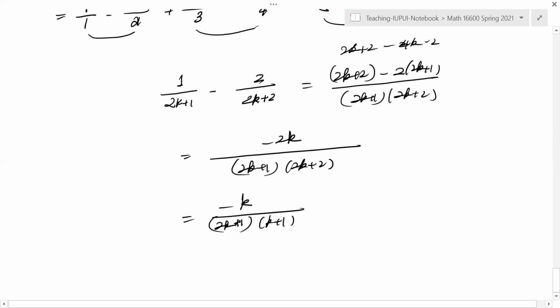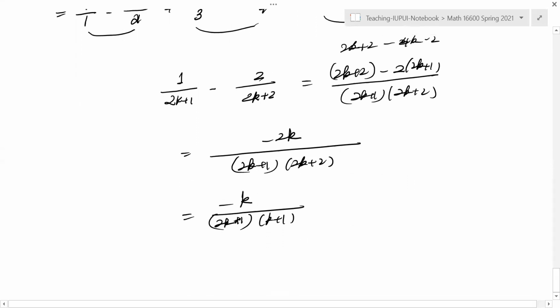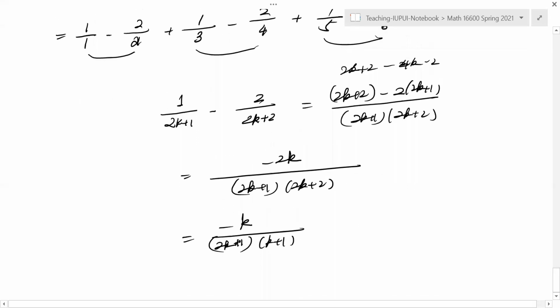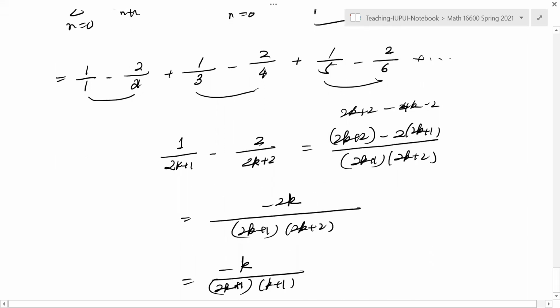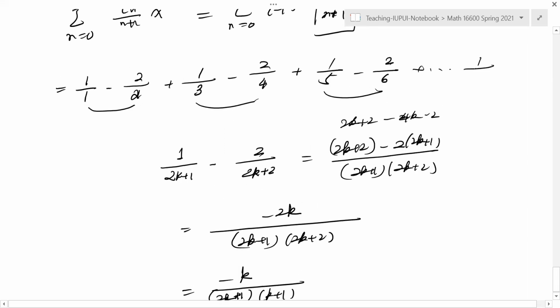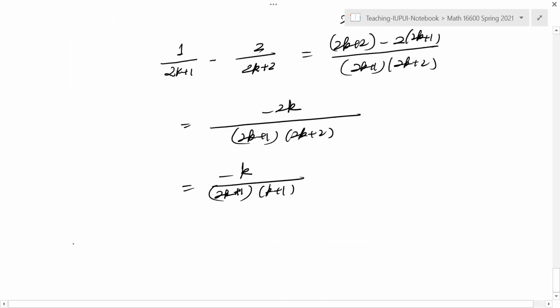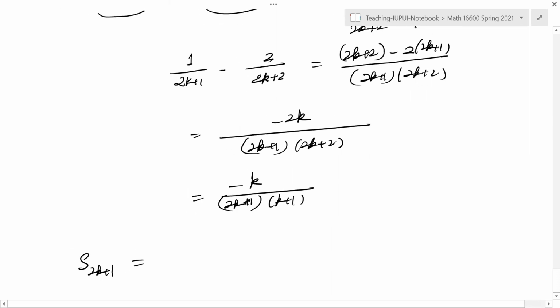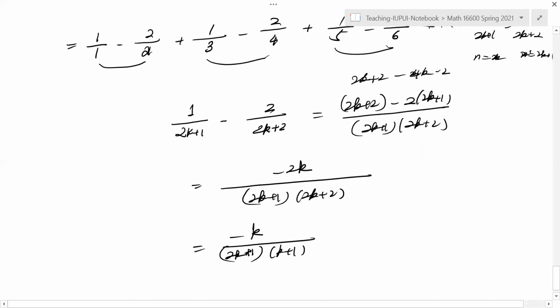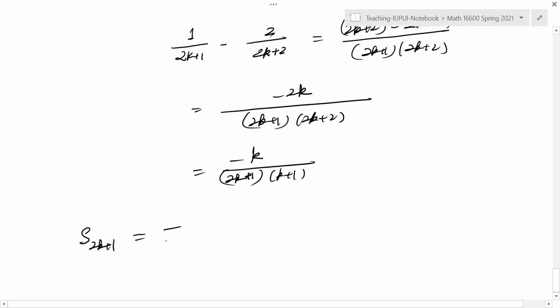So now I believe this is going to be divergent. The reason it's divergent is you look at the partial sum. The last term here is 2k plus 1 minus 2k plus 2, so this is when n equals 2k, when n equals 2k plus 1. So the partial sum is S of 2k plus 1.